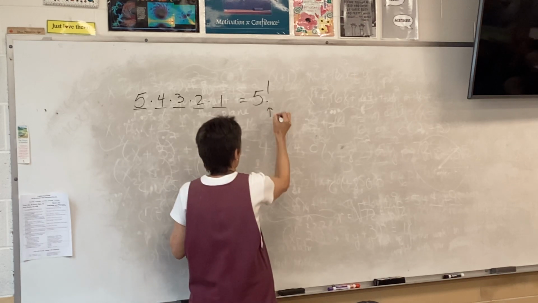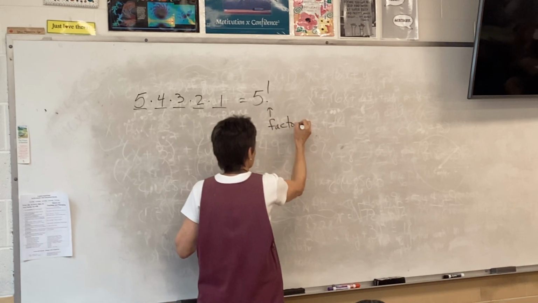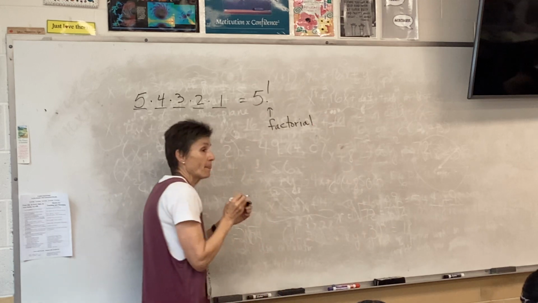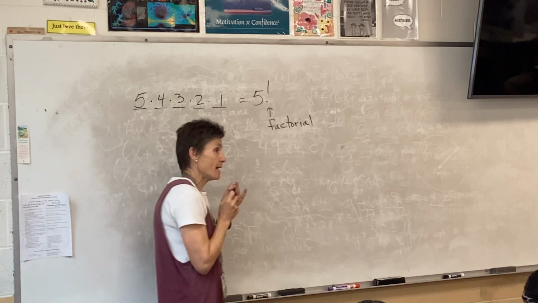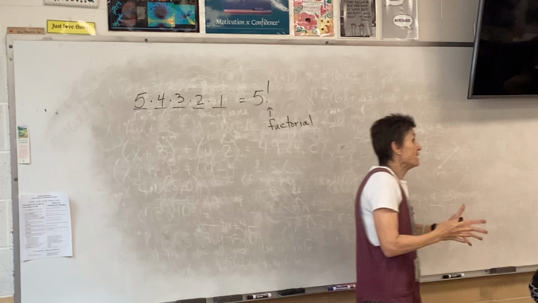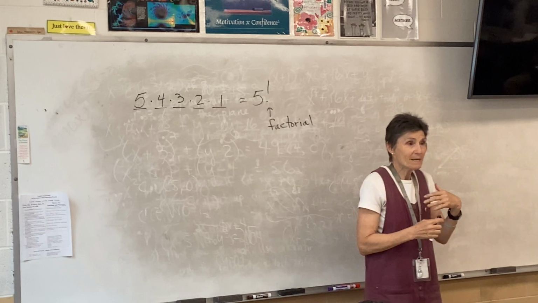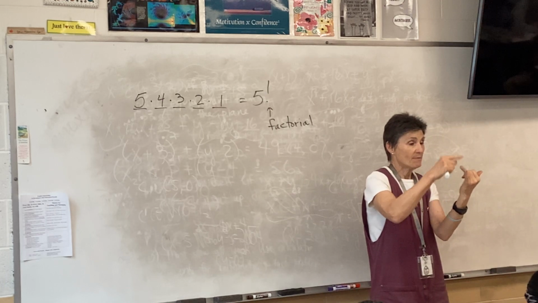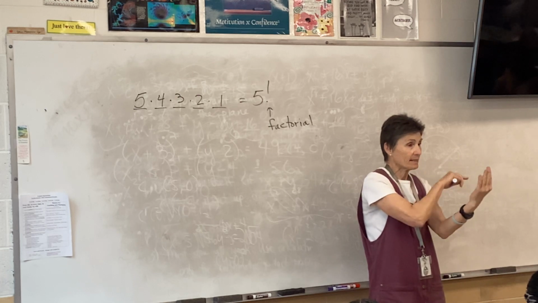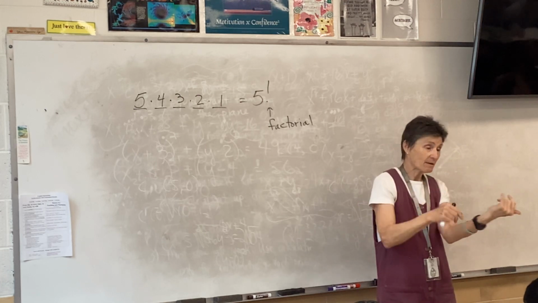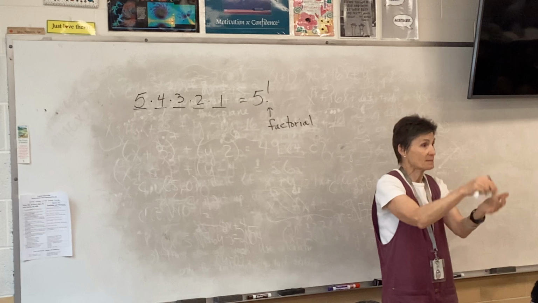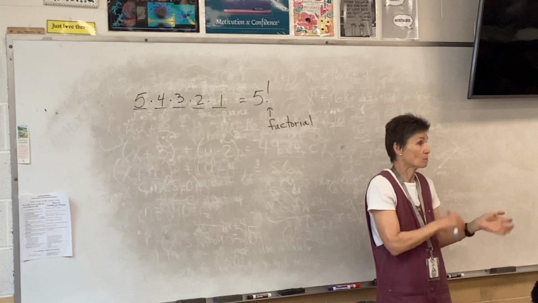This is the symbol for factorial. When you say 8 factorial, what you mean is start with 8 and then multiply every consecutive digit going down. So 8 factorial would be 8 times 7 times 6 times 5 times 4 times 3 times 2 times 1.